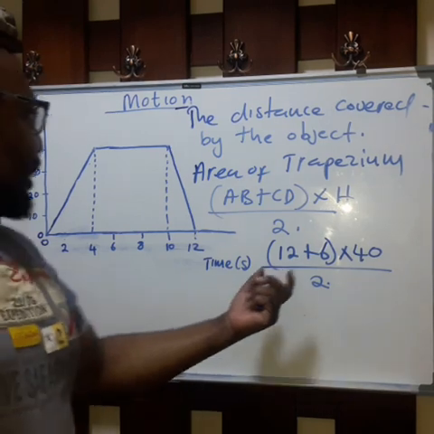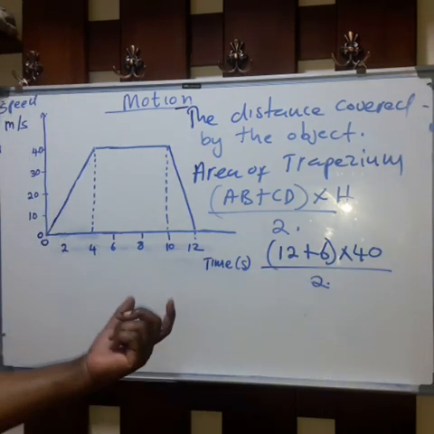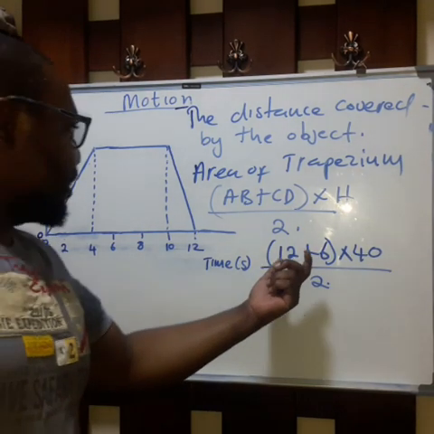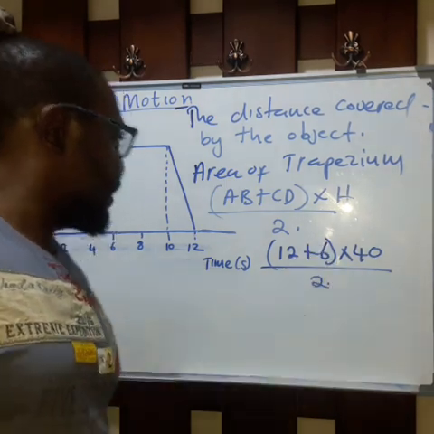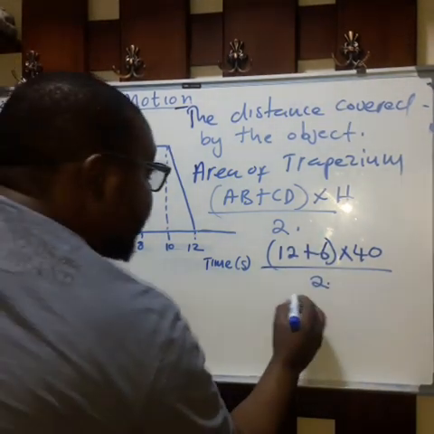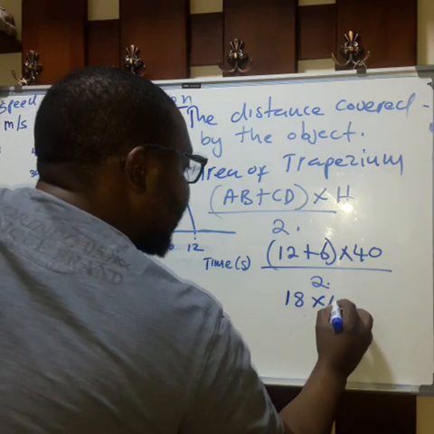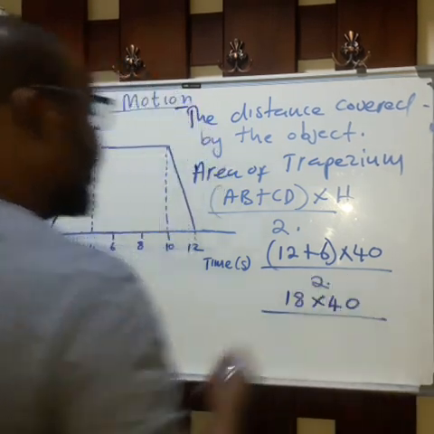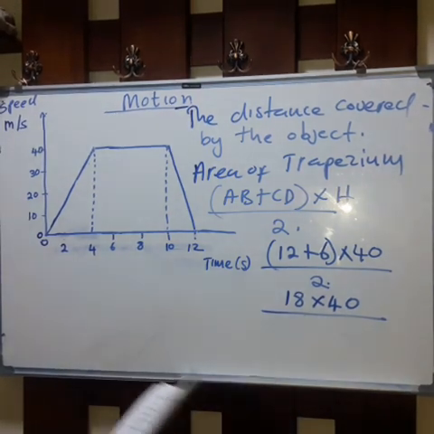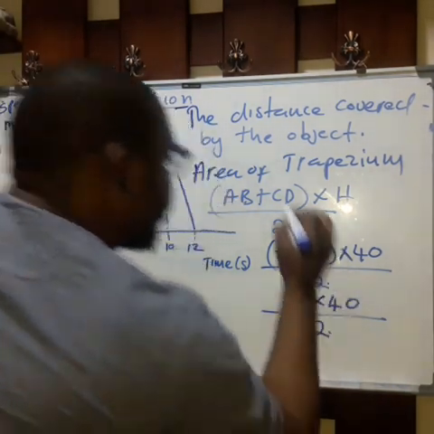If I add what I have, 12 plus 6, I get 18. So it's going to be 18 times 40, over 2.